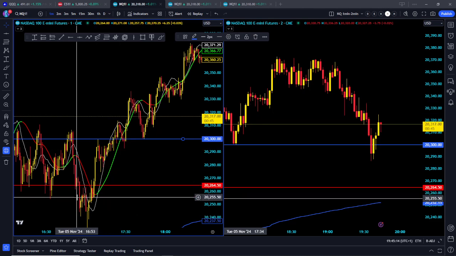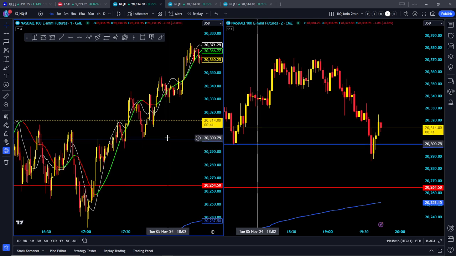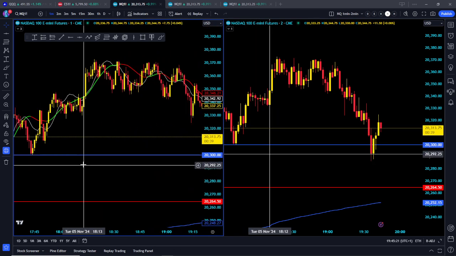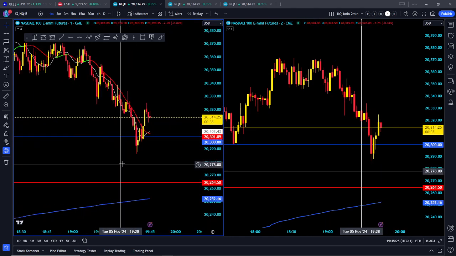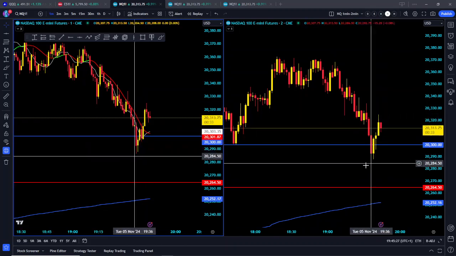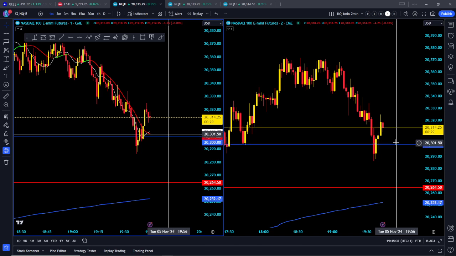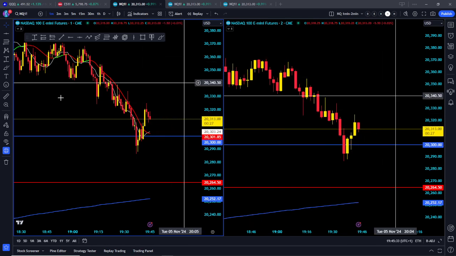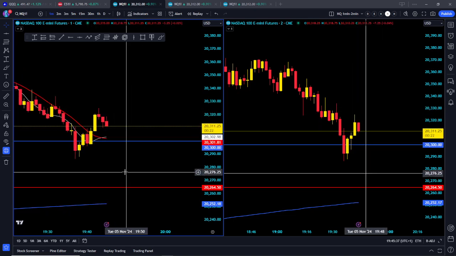So we pushed through, we came back, and we bought 20,300, and then we continued to push higher. And look what's happening now. We are retesting, and currently retested 20,300, and basically it wants to push higher. Look at this mini breakout opportunity, right?